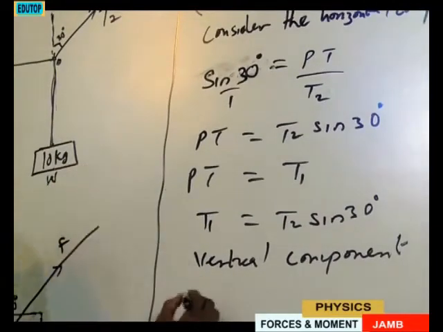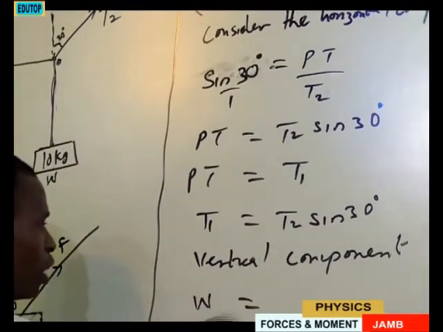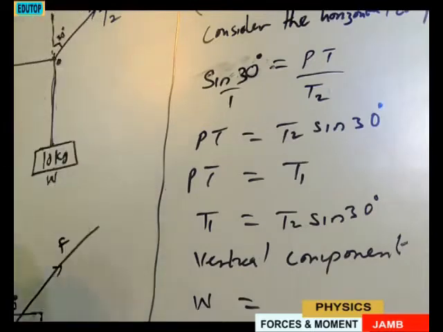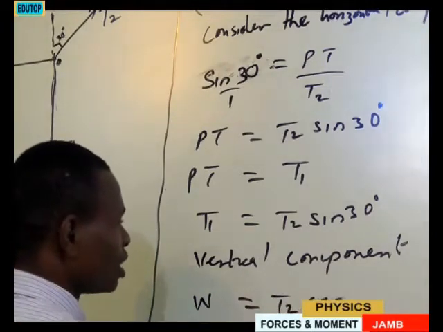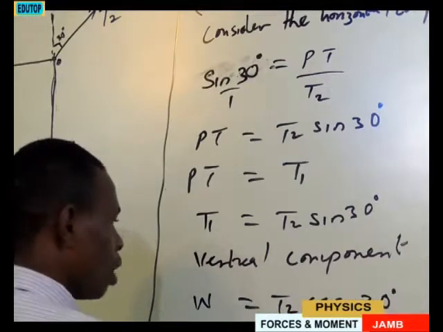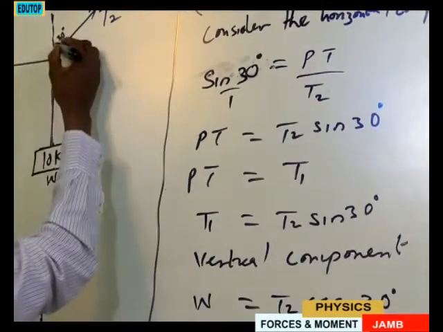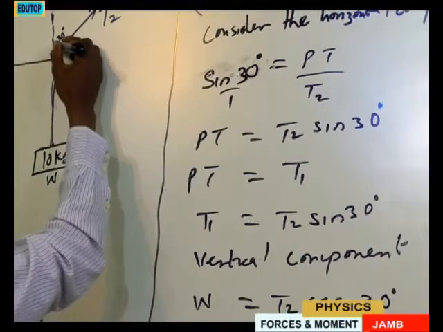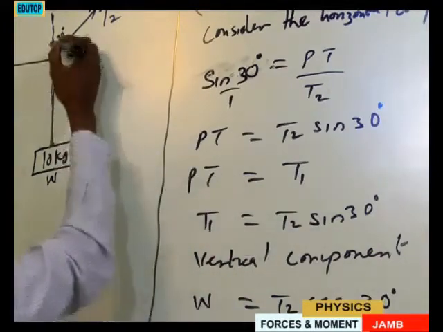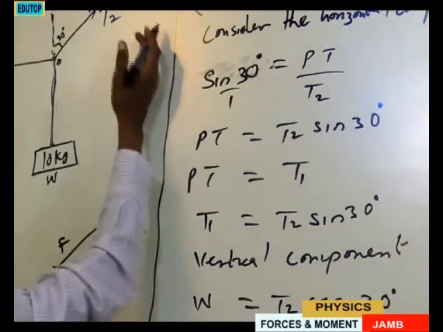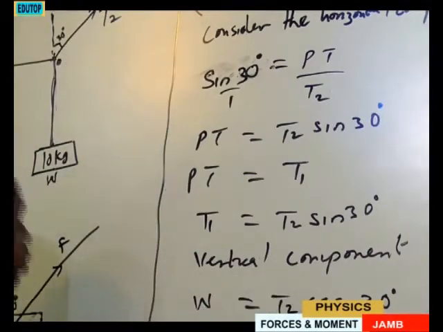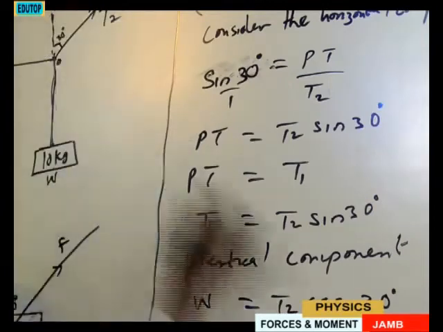Let's call this one W. W will be equal to T2 cos 30. How come? The first time we resolved it for horizontal, which is sine. When you are resolving for vertical, we have cos. T2 cos 30.